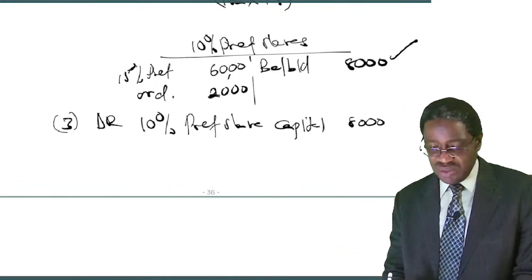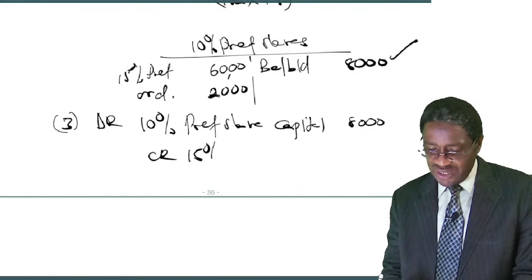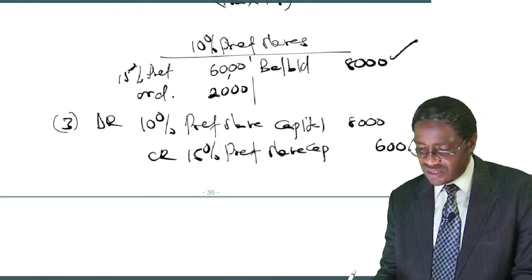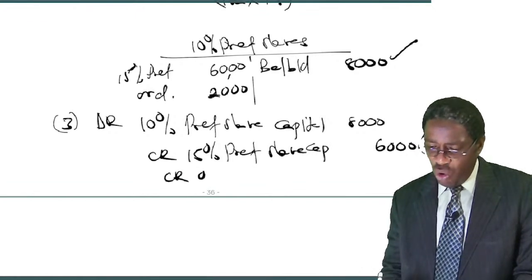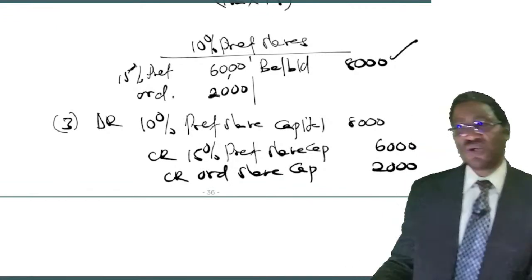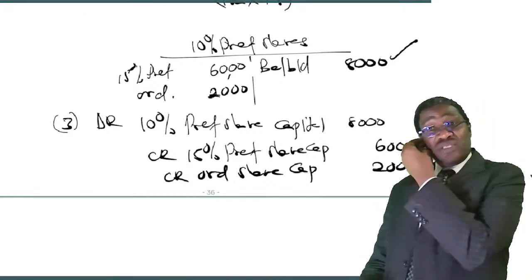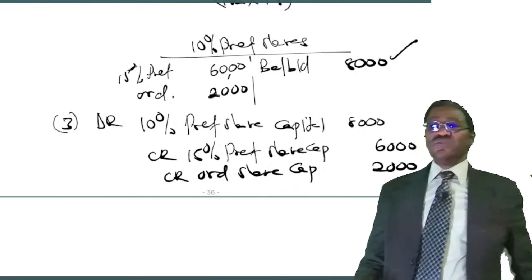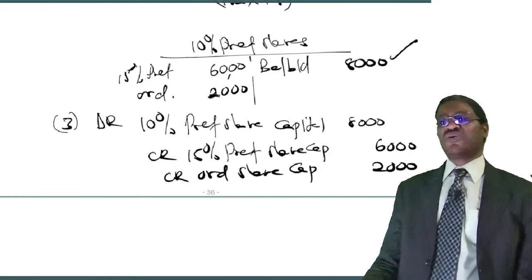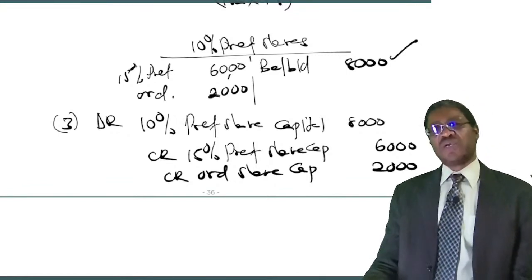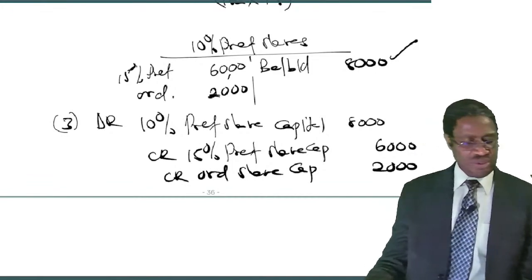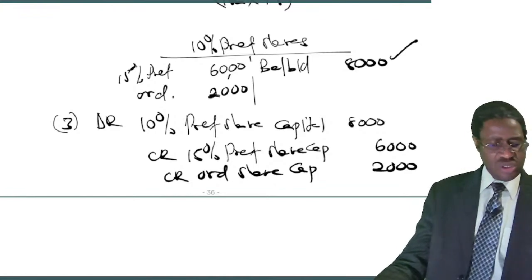Now replacing it, we credit 15% preference share capital by 6, and we credit ordinary share capital by 2 million. Good. So put down that journal as number 3. We are debiting 10% preference share capital and crediting 15% preference share capital and crediting ordinary share capital by that amount. And declaration.